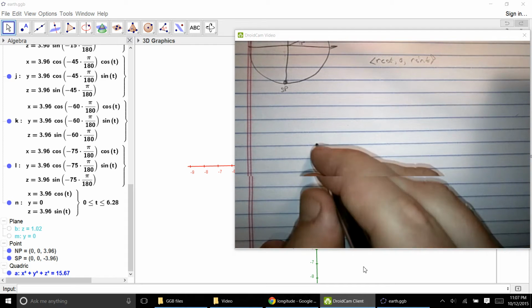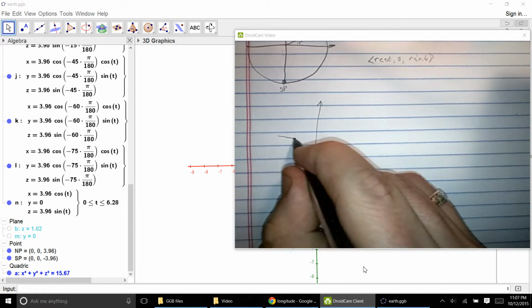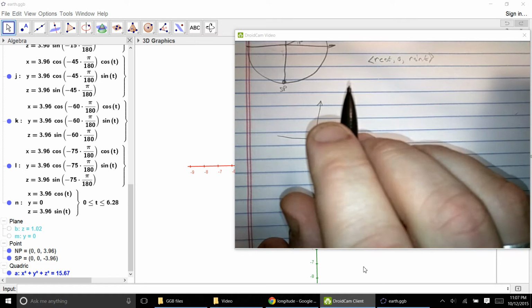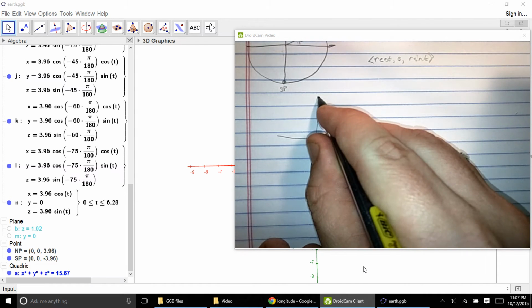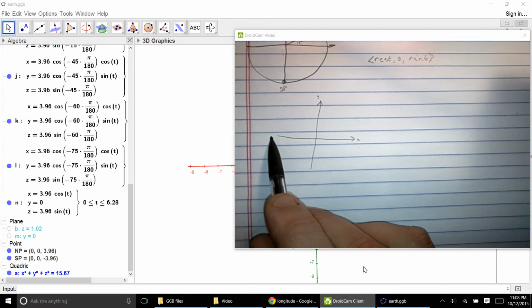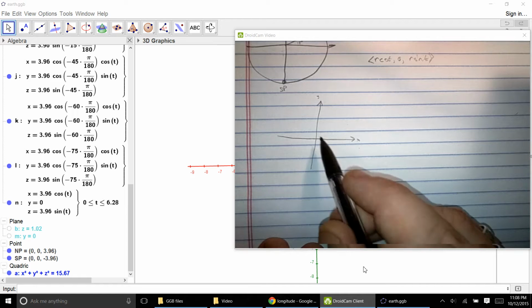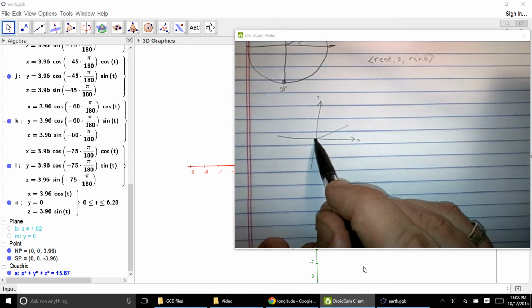So we're looking at the XY plane. We're cutting it with a line, but really we're cutting it with a plane. What we just did is we cut it with that plane, y equals 0. But now we want to go off at a 15-degree angle.